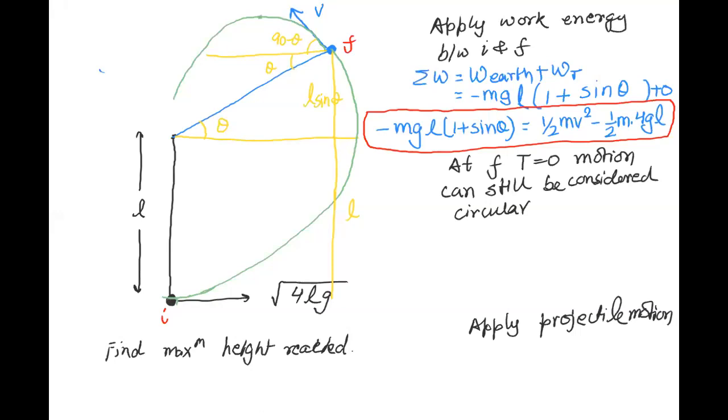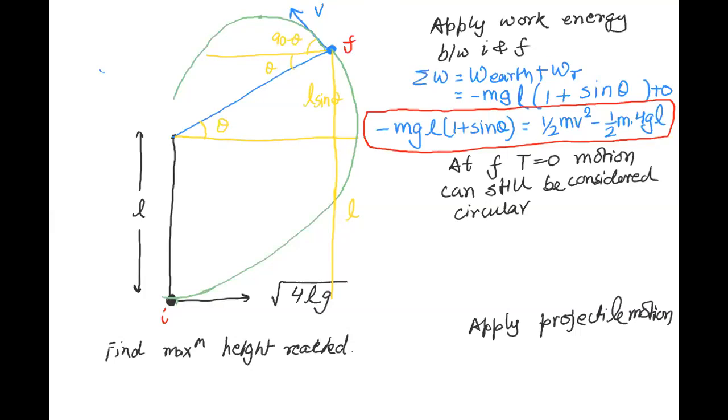So, at this topmost point, the object is just at the boundary. Tension has become zero, projectile motion has started. You can never pinpoint exactly where circular motion ended and projectile motion began.